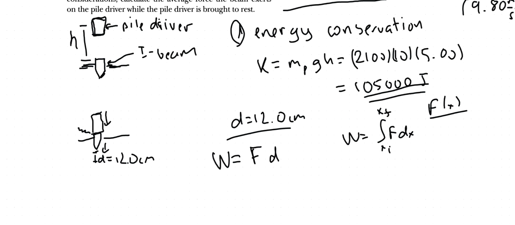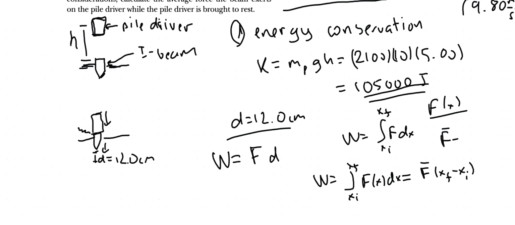But we can still say the following, that if I have a spatially varying force, the integral from x_i to x_f of F_x dx, that's going to be equal to the average force times the total displacement. Okay, so this F bar is the average force.